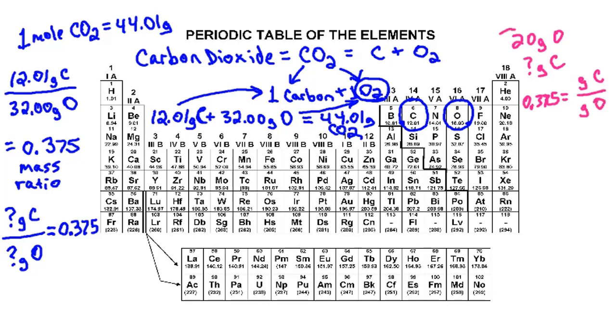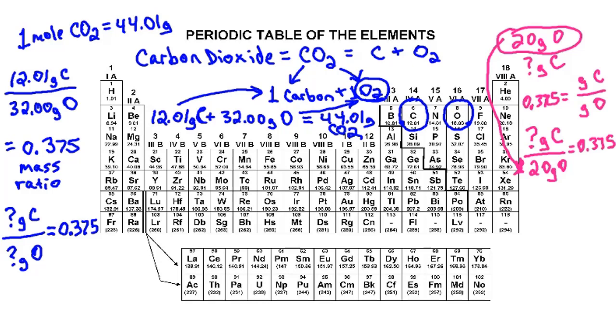So we know we have 20 grams of oxygen. So question mark grams of carbon, because we don't know how many grams of carbon we have yet, divided by what we do know, which is the 20 grams of oxygen we have, is going to equal that same mass ratio, 0.375.